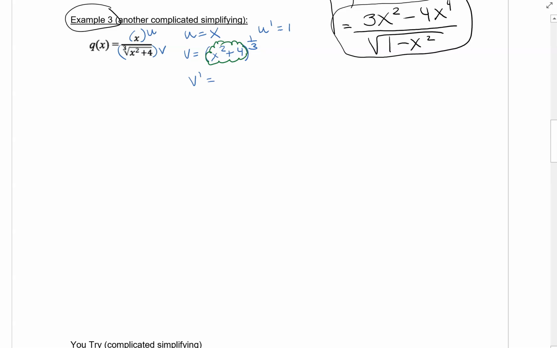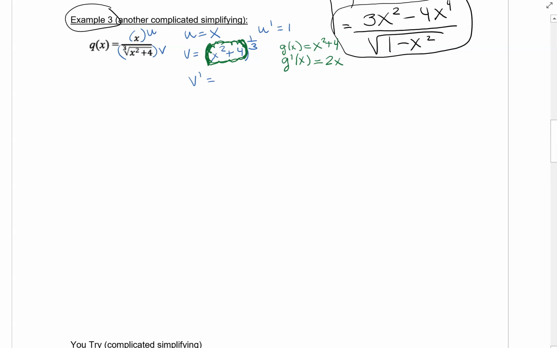So let's think of that as my inside function, my g of x, using the chain rule definition. So v would just be that inside function raised to the power of 1/3. So I would do a power rule first, keeping the g of x safely inside unaffected, and then I'd multiply by the derivative of that g of x, which is 2x.